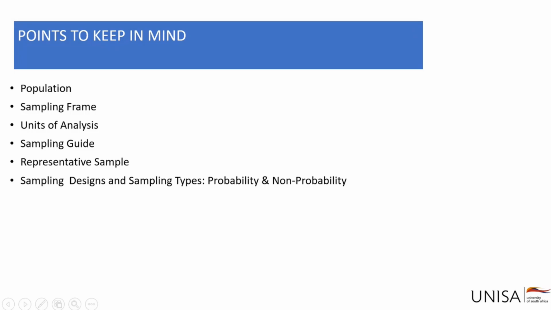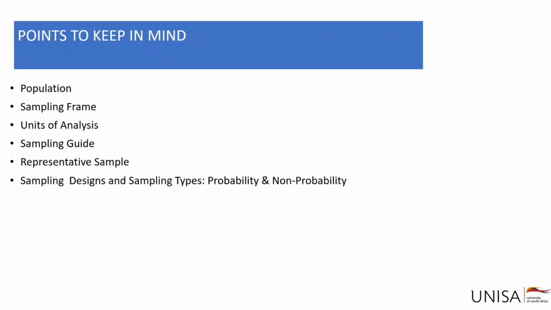for the purpose of today's session. If you have understood the population, if you have understood the sampling frame, and if you do have an idea of the units of analysis, the sampling guide, the representative sample, and the different sampling types, such as your probability and the non-probability and the types thereof.